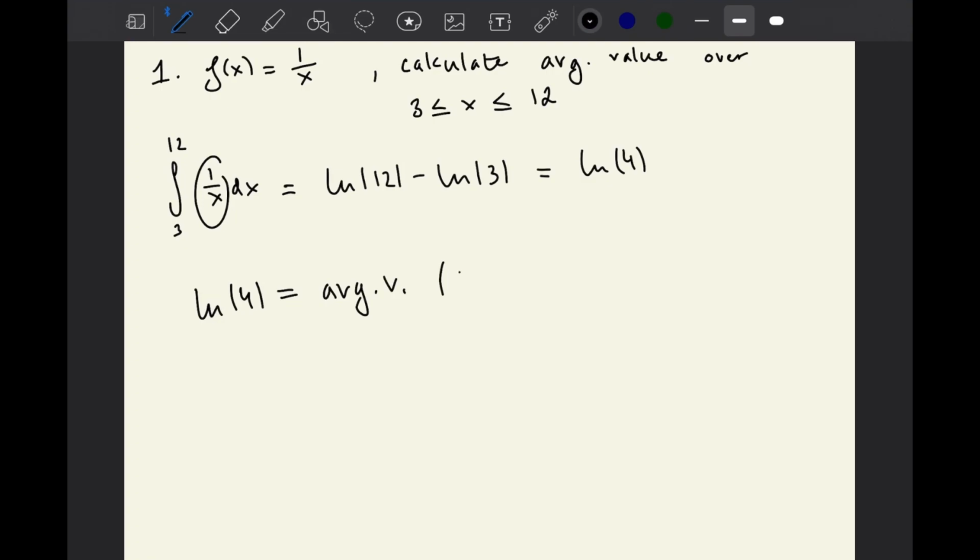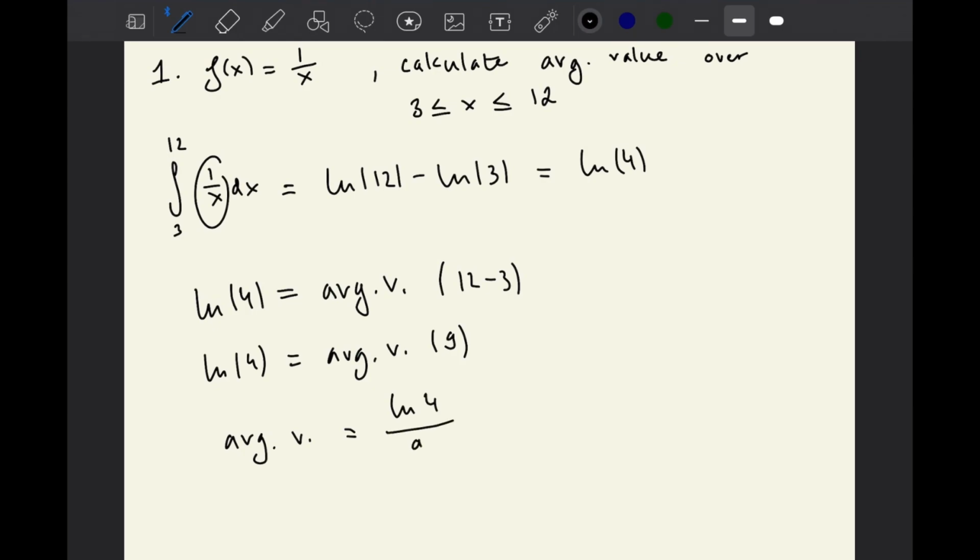The interval over here is 12 minus 3, so times 9. So the average value of this function is the natural log of 4 over 9.